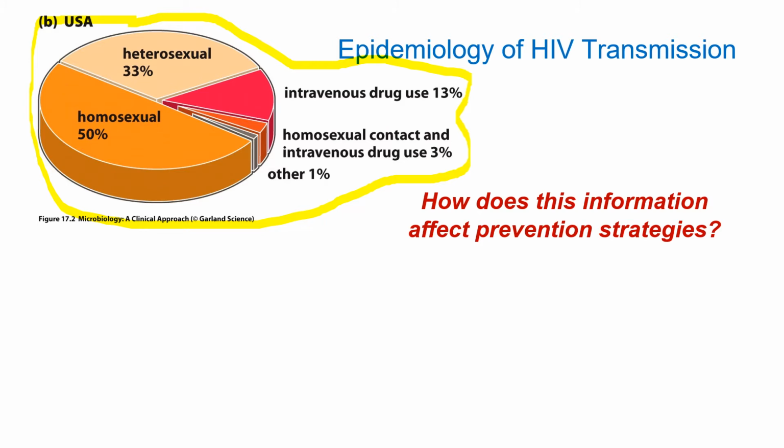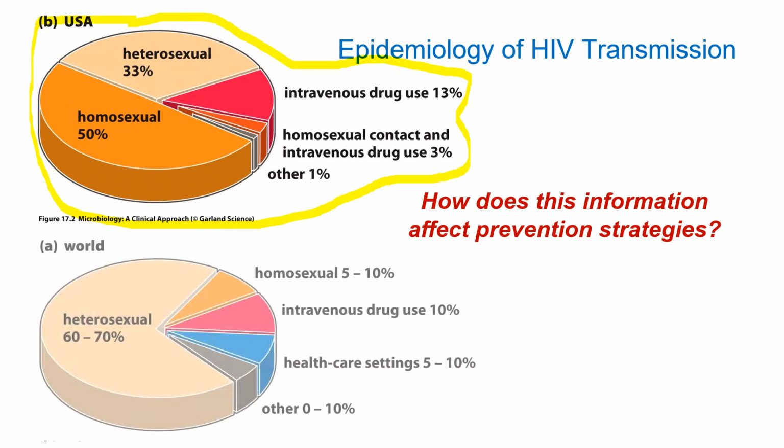And so there's a lot of education on safe sexual practices. The interesting thing, if you take a look at the second pie graph, which is looking at the world, is that in much of the world, heterosexual contact is the primary means of HIV transmission.